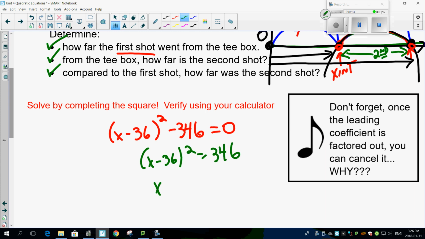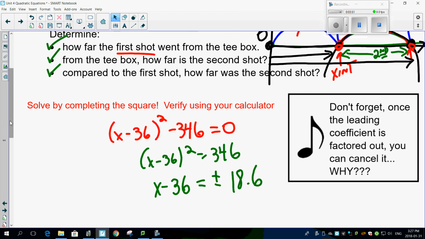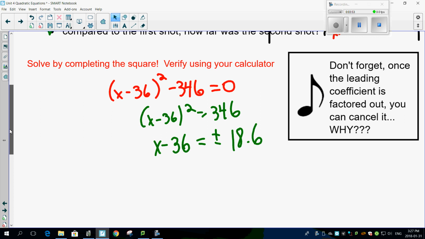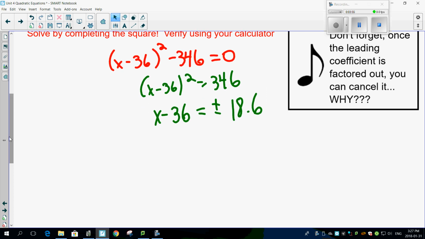Square root, and this is the only time that I'm actually going to use a decimal place. Most of the time I would not even go there, but this is the first time I'm actually going to use a decimal place. The decimal place is going to be about 18.6. Don't forget the plus or minus, because that's what's going to give you the 2 points on the parabola, right? The 2 intercept points. Now, here we go. Gives you 2 equations where you have x minus 36 equals 18.6.